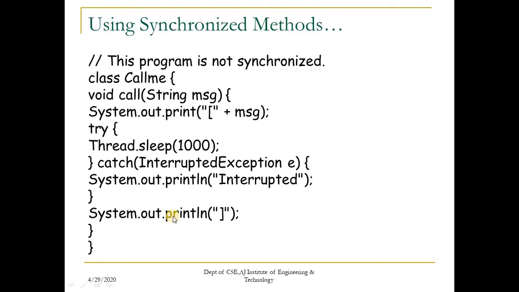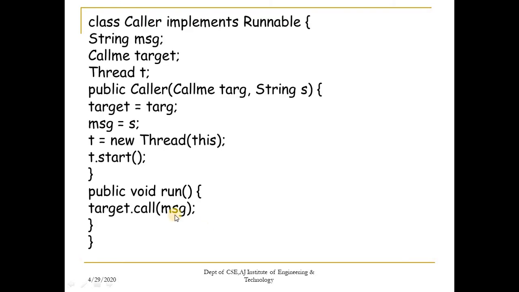It will display the opening square bracket and the message, sleep for 1000 milliseconds, and after that display the closing square bracket. That is what the run method of the thread will do.